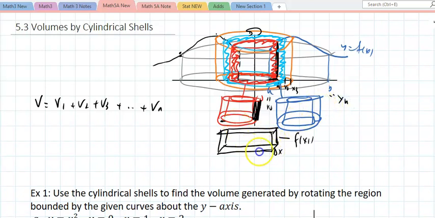Now, this right here is the surrounding of this, and the surrounding of a circle is 2 pi r. But r, if you look at the radius, is really x1. If I do the same for the blue, if I take the blue and I cut it open, it's going to look like this.